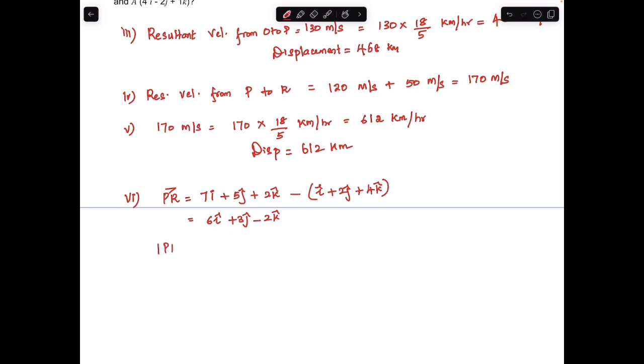So magnitude of PR vector will be square root of 6 square plus 3 square plus minus 2 square, which is root 49, which is equal to 7.